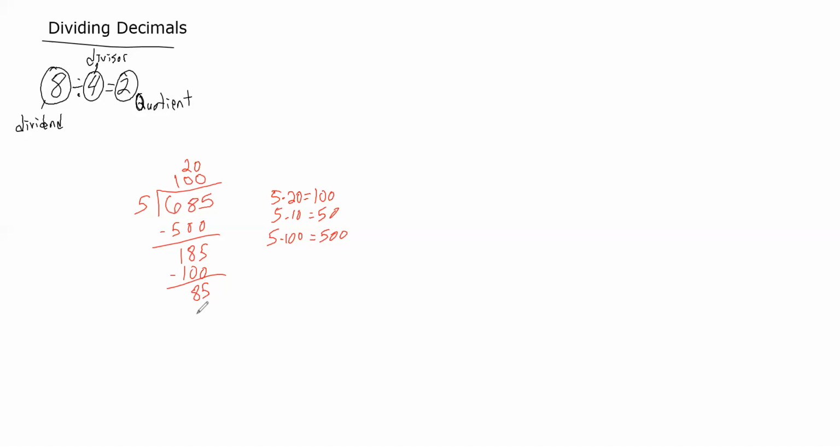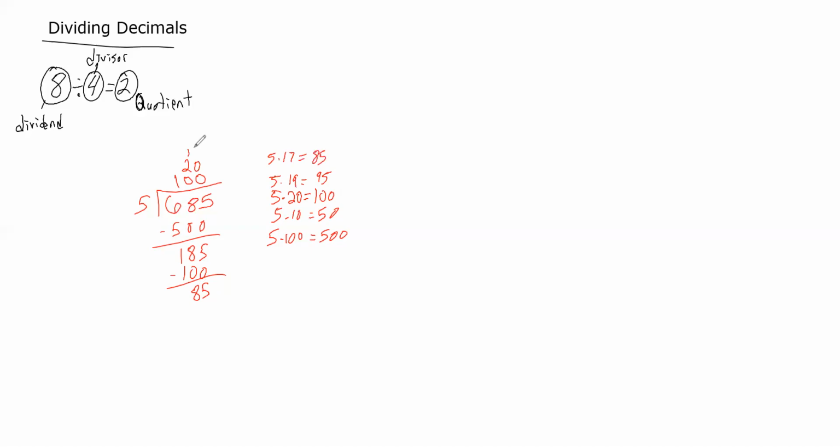Now I want to think about how close I am with this number 100. So I can count backwards by 5. So 5 times 19, of course, is 95. Oh, now I'm just 10 off. I know that that's 2 more, so 19, 18, 17. So 5 times 17 would be 85.